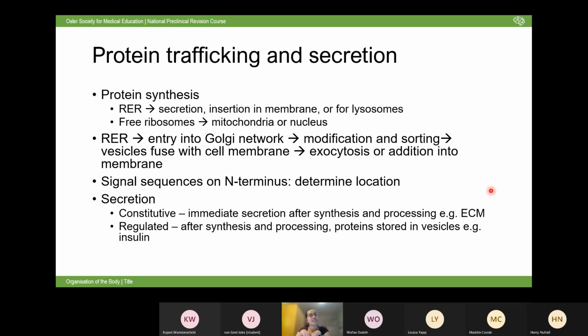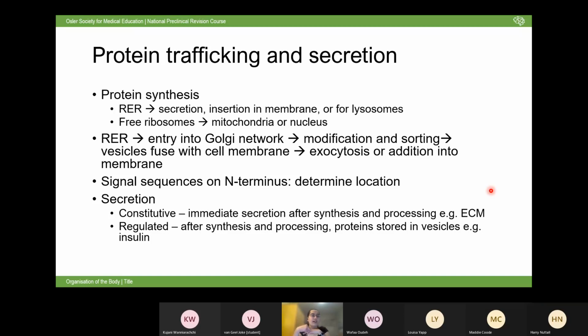And then in terms of secretion, this can be constitutive or regulated. Constitutive just means that it happens immediately. So as soon as the vesicle fuses with the membrane, it just releases its contents. And these are classically the extracellular matrix proteins, because there's no reason for them to be stored.